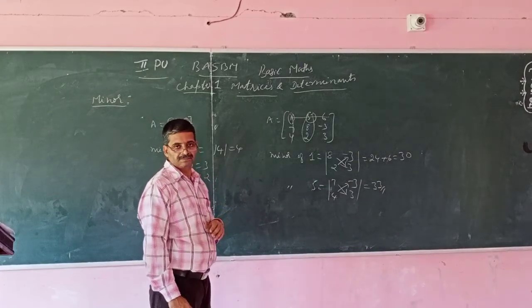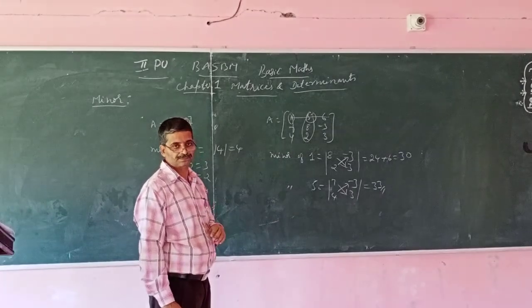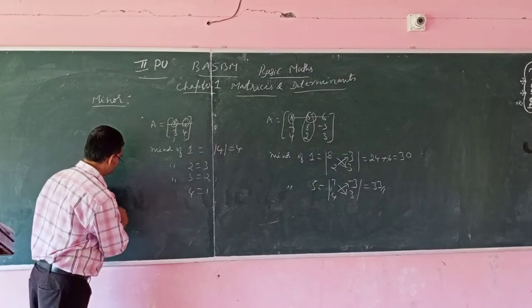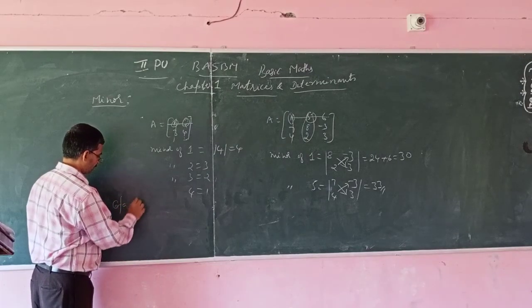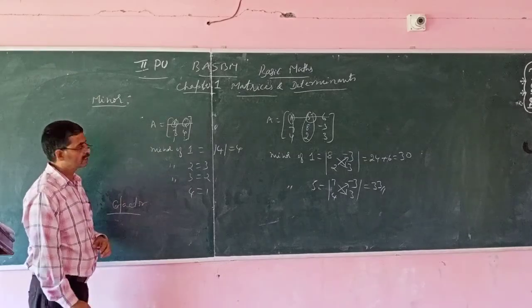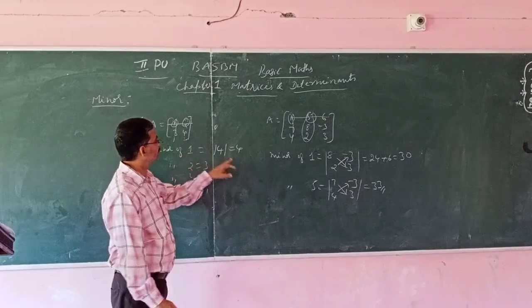Next, cofactor. What is a cofactor? So the next topic is cofactor. Cofactor is calculated like this. For example, minor of 1 is 4.